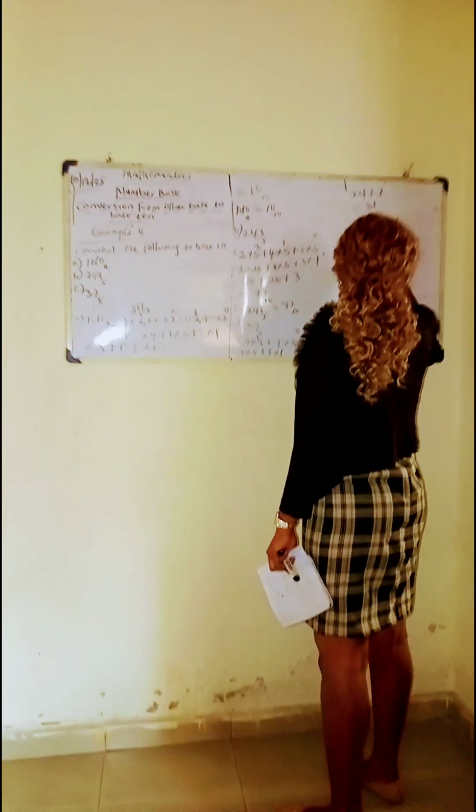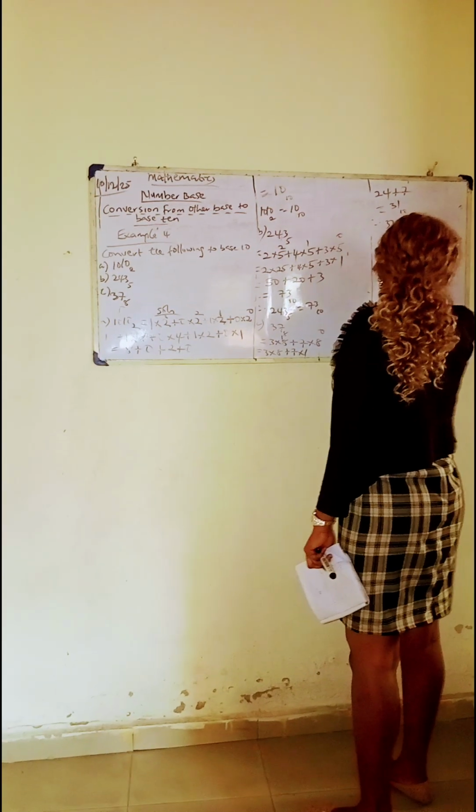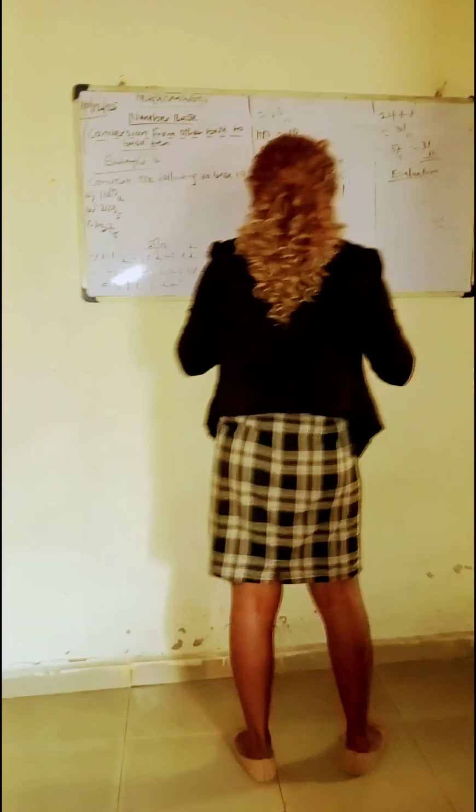So we are going to take classwork evaluation. This evaluation is going to be an assignment. In our next class, we'll continue from there. So let's write down this evaluation.